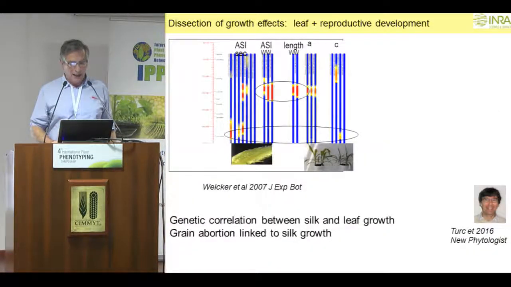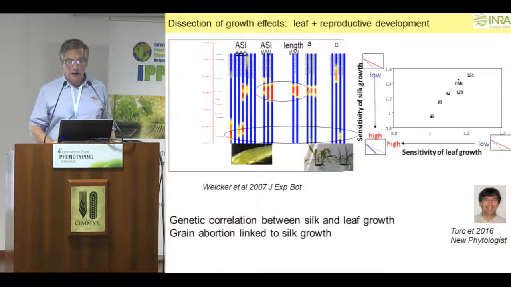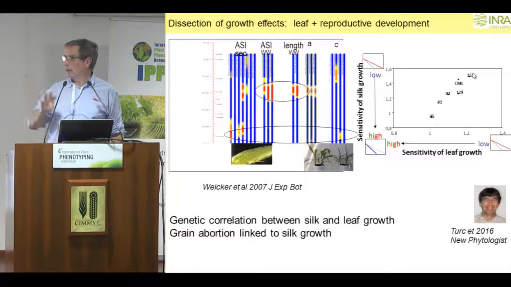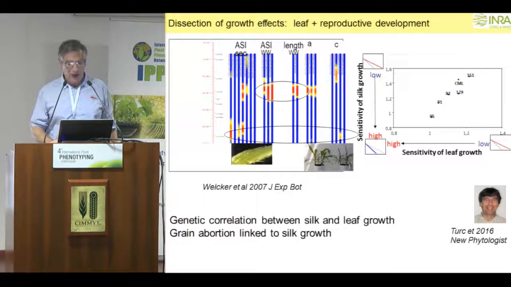I will skip that, and this is just to say that we do have a good genetic correlation between sensitivity of leaf growth and sensitivity of silk growth. These are near isogenic lines that we tested for both traits, and you can see that it's not that bad.